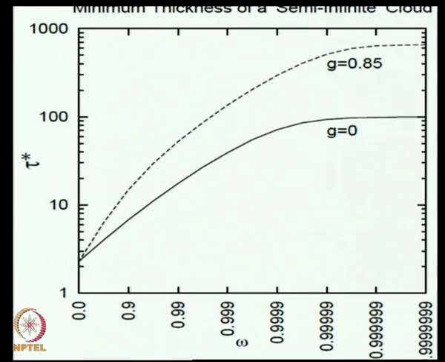Now, before we go further, let us also look at the non-absorbing cloud in some depth. For the non-absorbing cloud that we are dealing with here, where omega is equal to 1, the reflectivity and transmittance can be written down in a fairly simple manner.